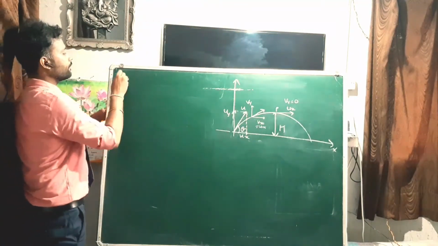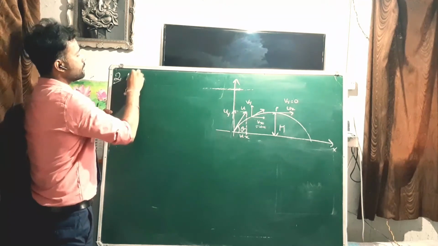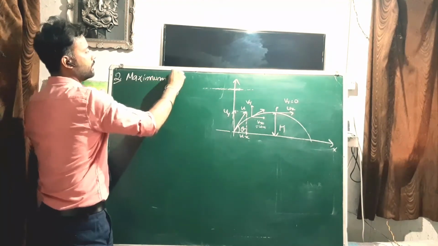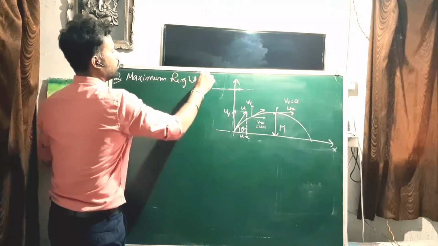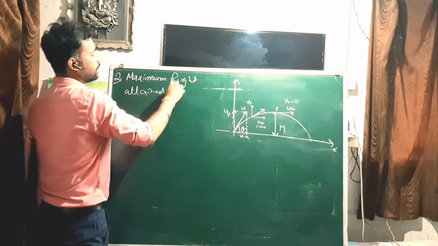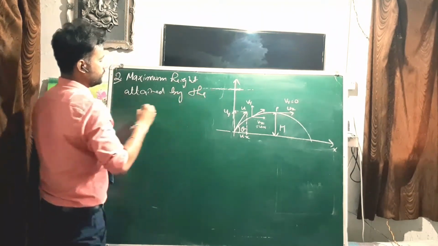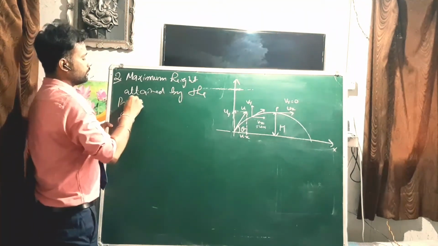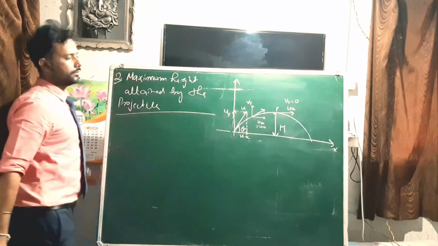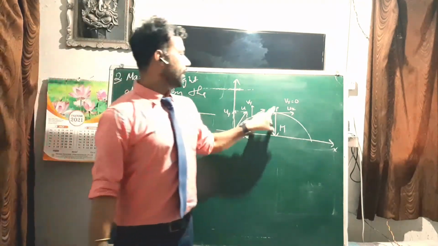Second is the maximum height attained by the projectile. Right. Now again, we have to find this height.